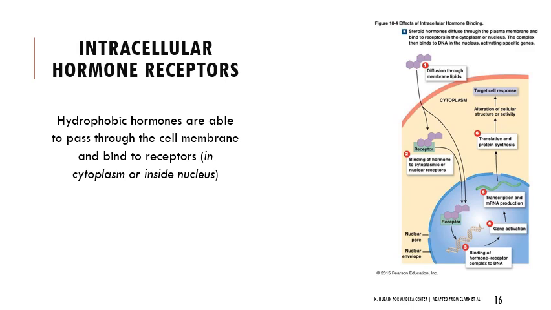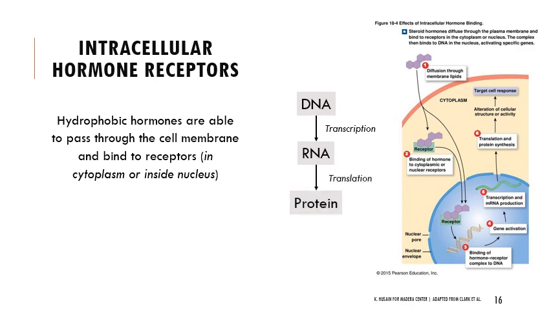They may even be inside the nucleus, so that receptor or the molecule is able to pass through and eventually get into the nucleus. So remember, when we have DNA inside of the nucleus, that acts as a code for RNA through a process called transcription, and then that messenger RNA acts as a code for proteins through a process called translation.